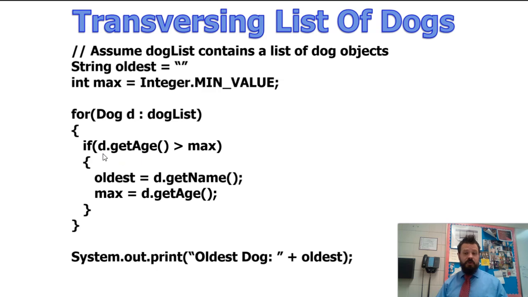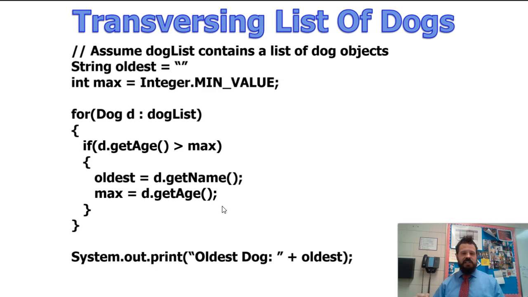With a normal for loop using indexes, I had to go dogList.get(i).getAge. But here, since this enhanced for loop is just going to go through each dog object d, I can just say d.getAge greater than max. And then the same thing, we can say oldest gets d.getName, max gets d.getAge.